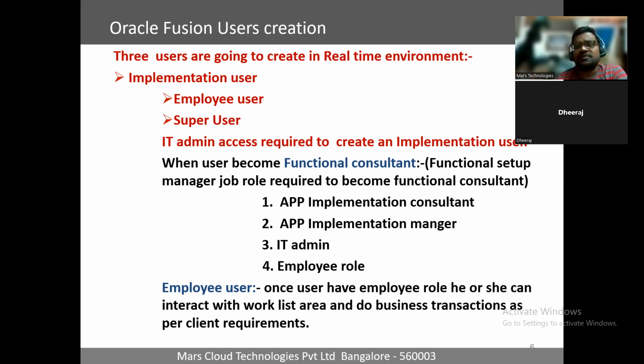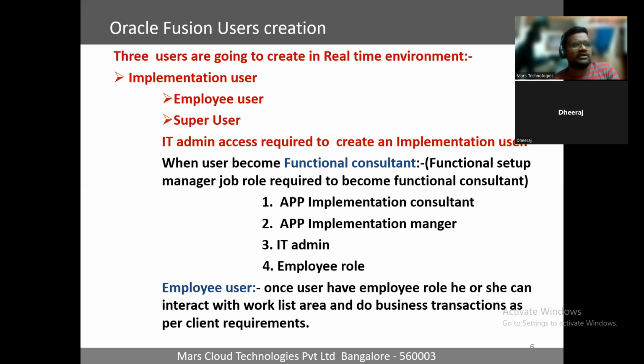And employee user means once you have an employee role. Without the employee role, the system won't allow you to do any transactions in any module, whether inventory or procurement. The employee role is mandatory, and it is one of the roles.